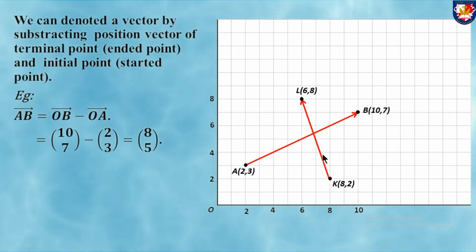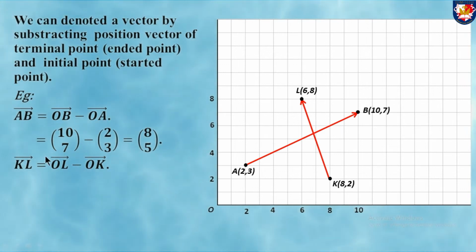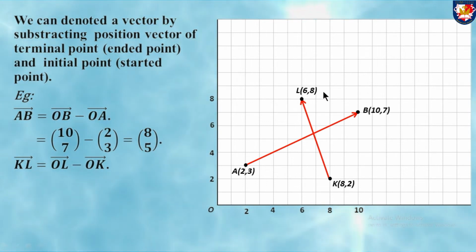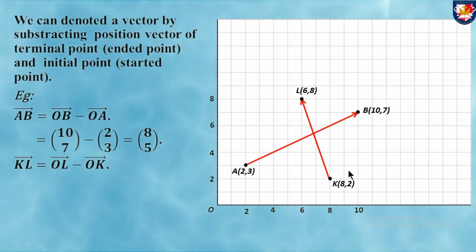Next example, see vector KL here. We can write vector KL as OL minus OK, where OL is the position vector of point L, the terminal point of vector KL, and OK is the position vector of point K, the initial point of vector KL.